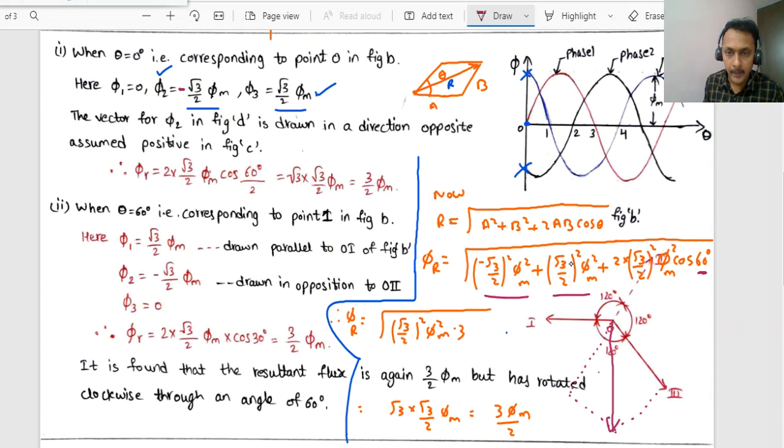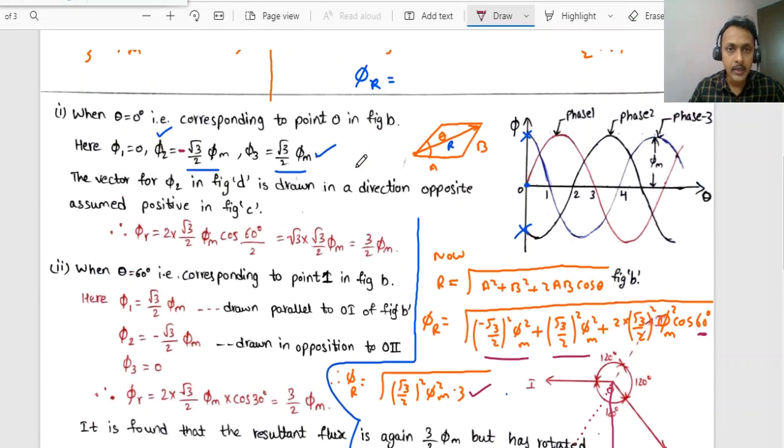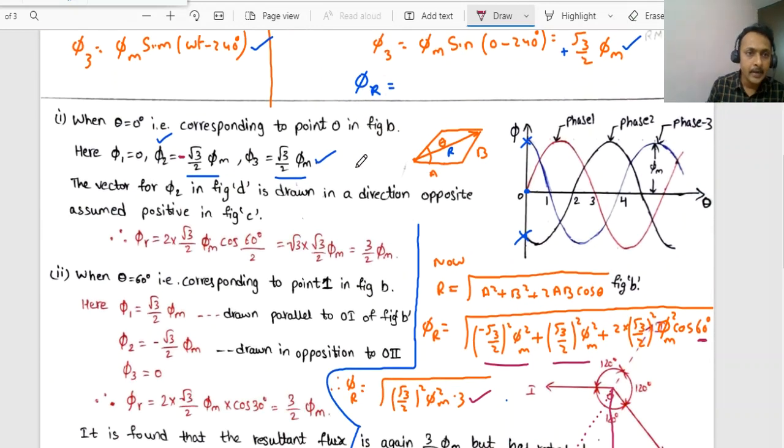So how much are we getting? Root 3 by 2 whole square phi m square into 3 we will get, right? If you apply the square root, root 3 times root 3 by 2 phi m, it is root 3 into root 3 is 3 by 2 phi m. So 3 by 2 means 1.5 times phi m is the resultant value, at theta equals 0 degrees.